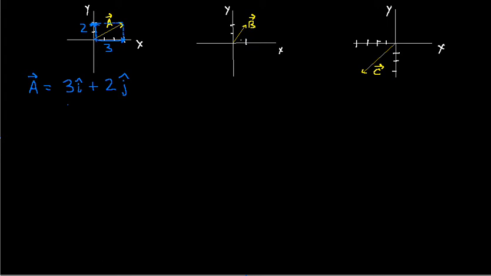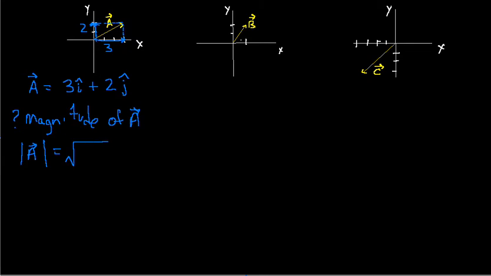So this is vector A. Now if I want to know the magnitude of A, sometimes we show magnitude with an absolute value sign.